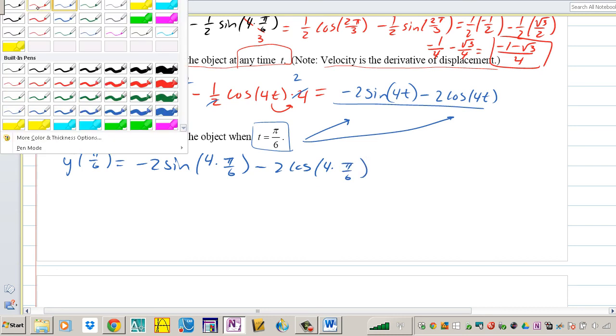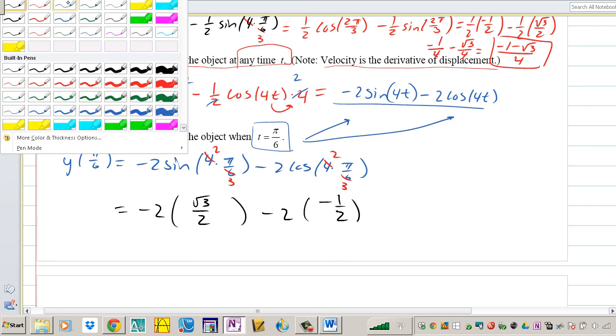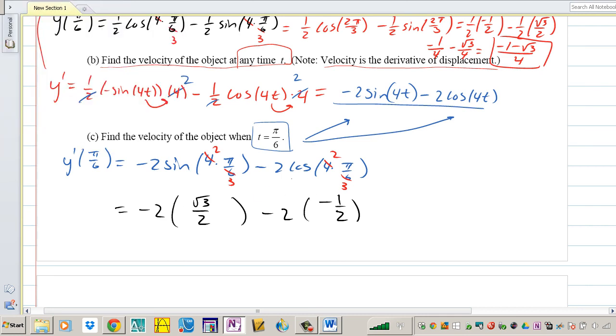And that still becomes 2/3 pi. So it's going to be negative 2 sine of 2/3 pi, which we already said was square root of 3 over 2, minus 2 cosine of 2/3 pi, which is negative 1/2. And we see that this becomes positive 1, and this cancels, so it's negative square root of 3 plus 1.